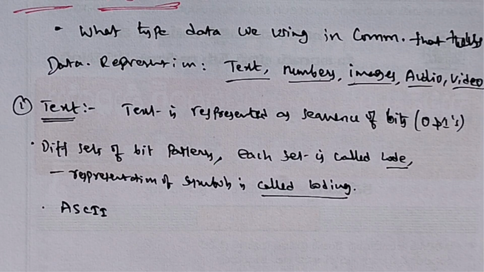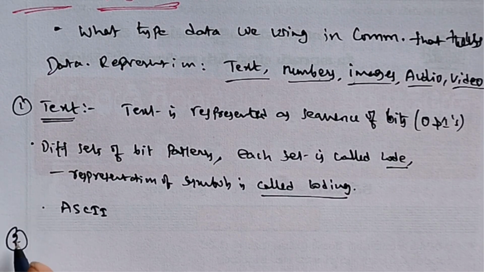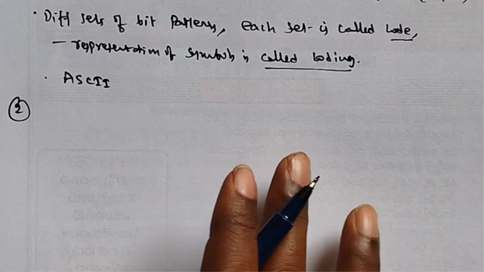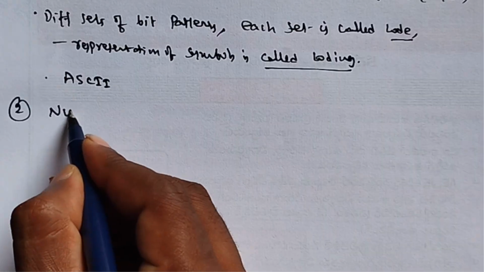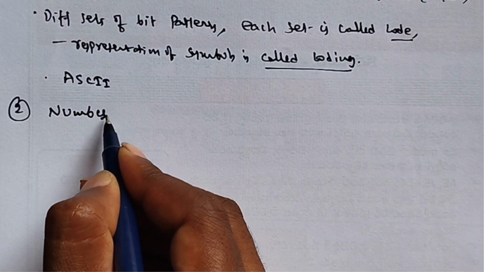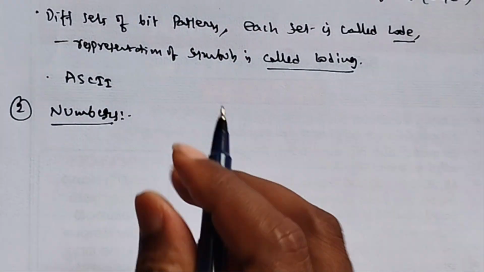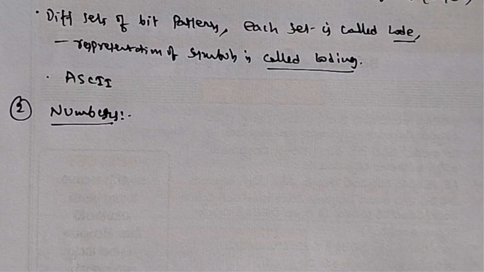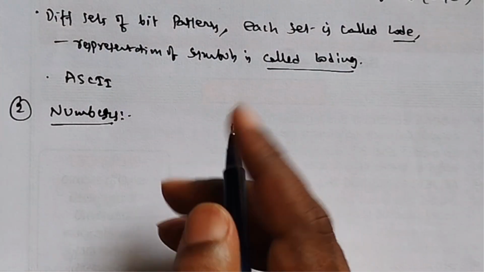The second representation is numbers. What are numbers? Numbers are also represented by bit patterns.